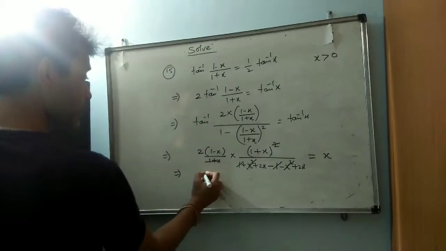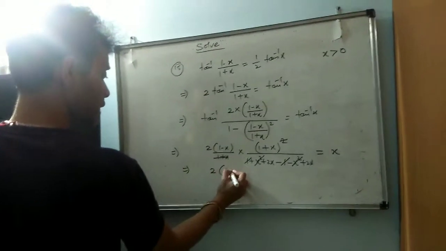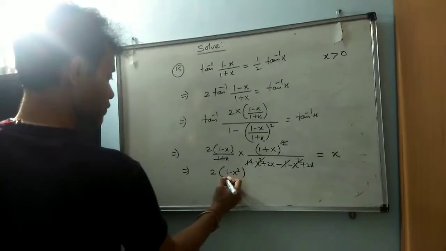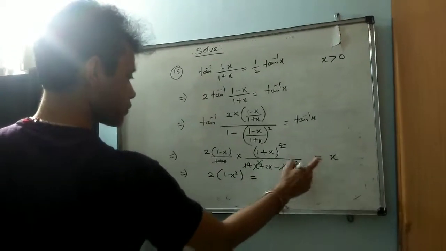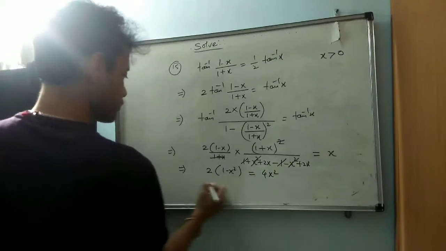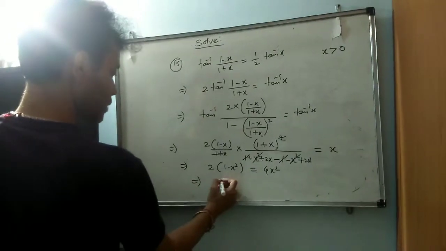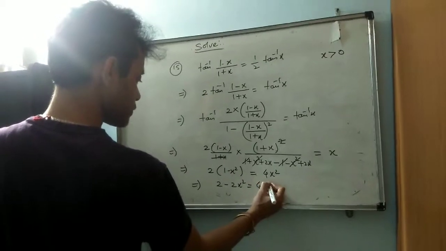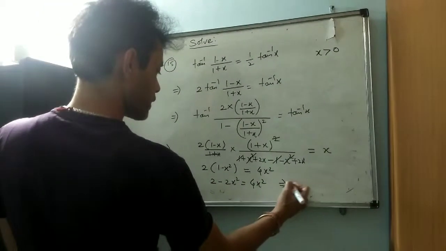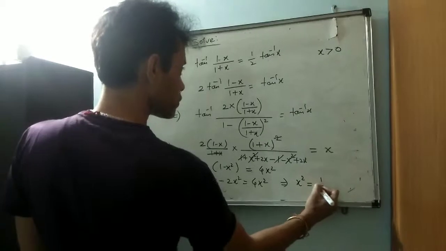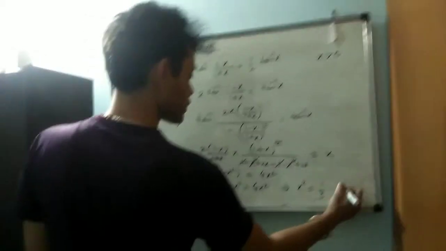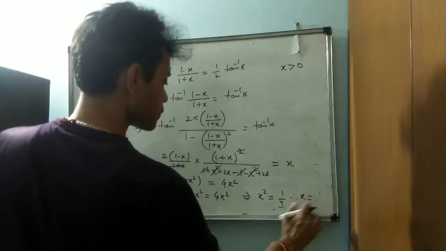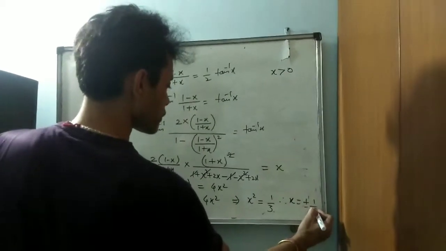So we are getting 2 into (1 minus x square) is equal to 4x square, which can be written as 2 minus 2x square is equal to 4x square, implies x square is equal to 1 by 3. Therefore, x is equal to plus minus 1 by root 3.